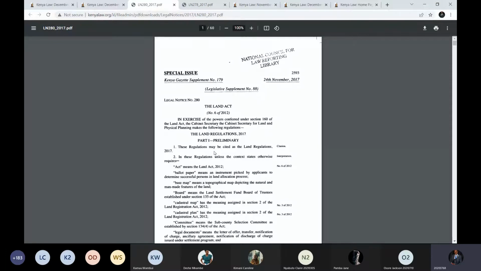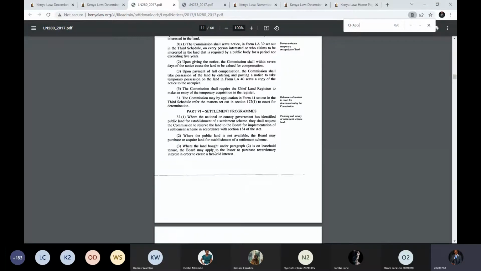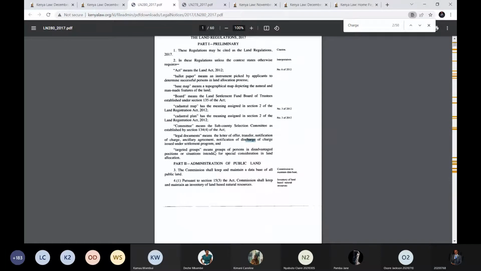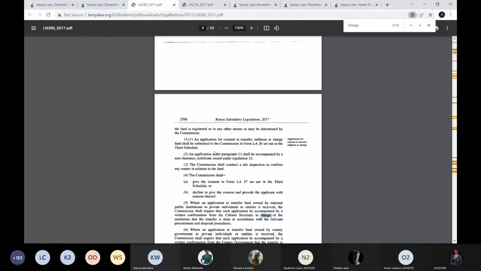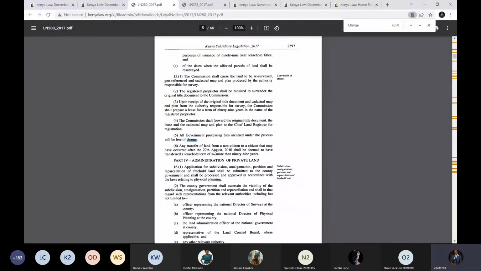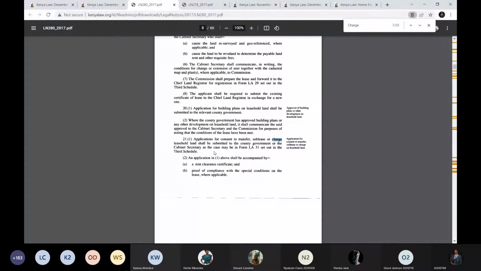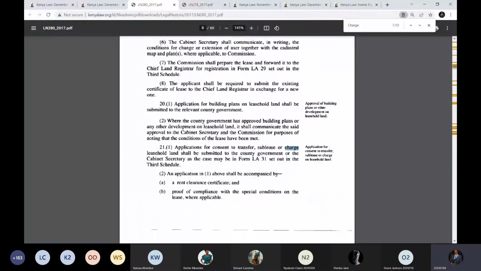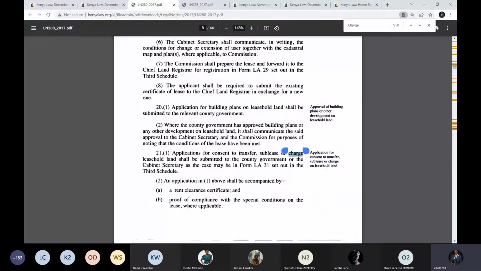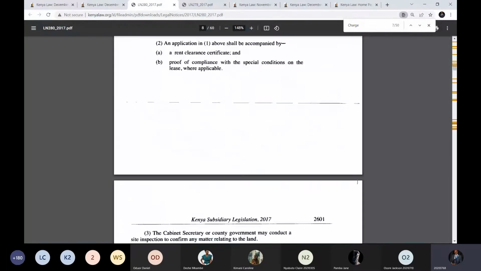There's one document again that we left out, if I'm not wrong. This is it. You need to obtain a consent to charge.